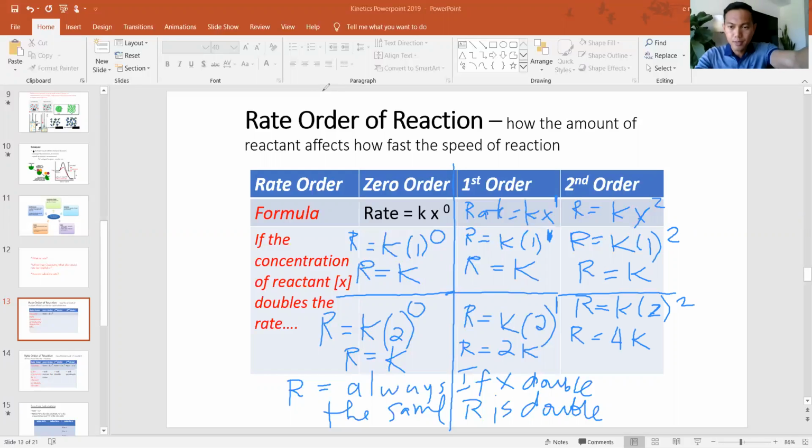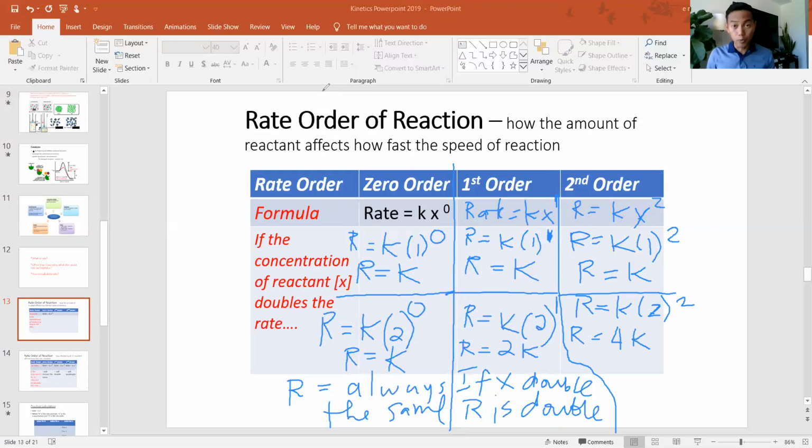Now with this, let me try to draw a line to separate this. But can't we conclude that the rate is exponentially changing? And it's always going to be the square of the change in their concentration. So to paraphrase it, if I double the concentration, the rate is now 4 times.